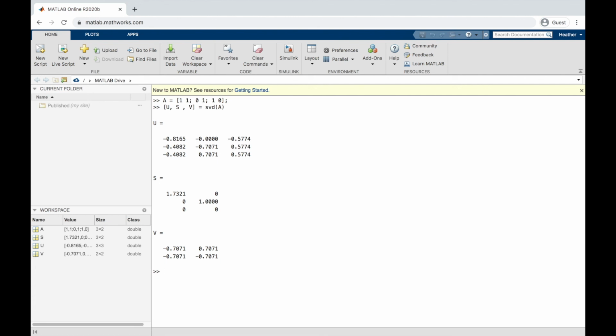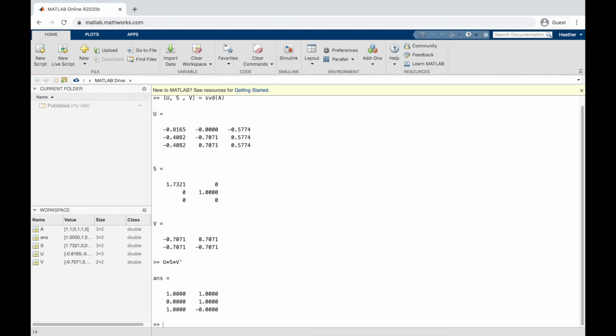That's the things on the diagonal of S. And so this would be my singular value decomposition. And we can double check it by doing U times S times V transpose. And we see that we get back to the matrix that we started with.